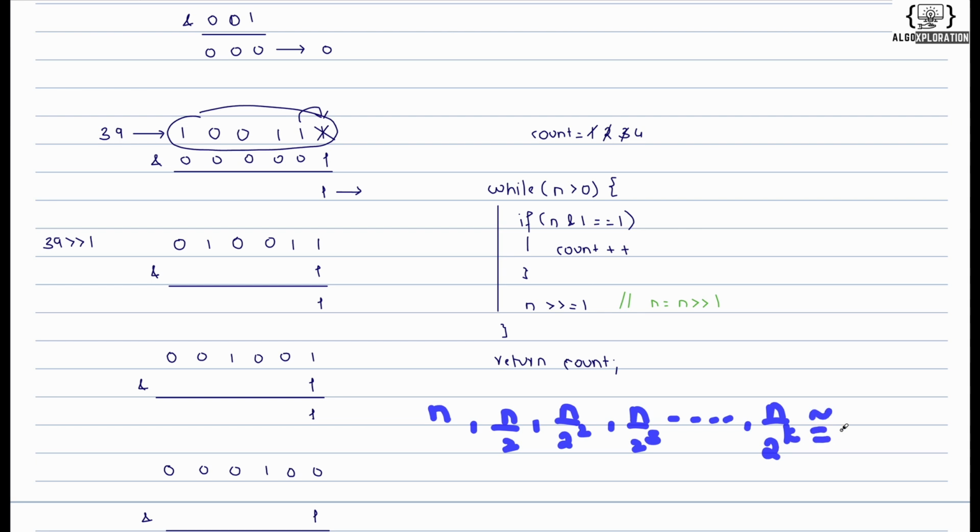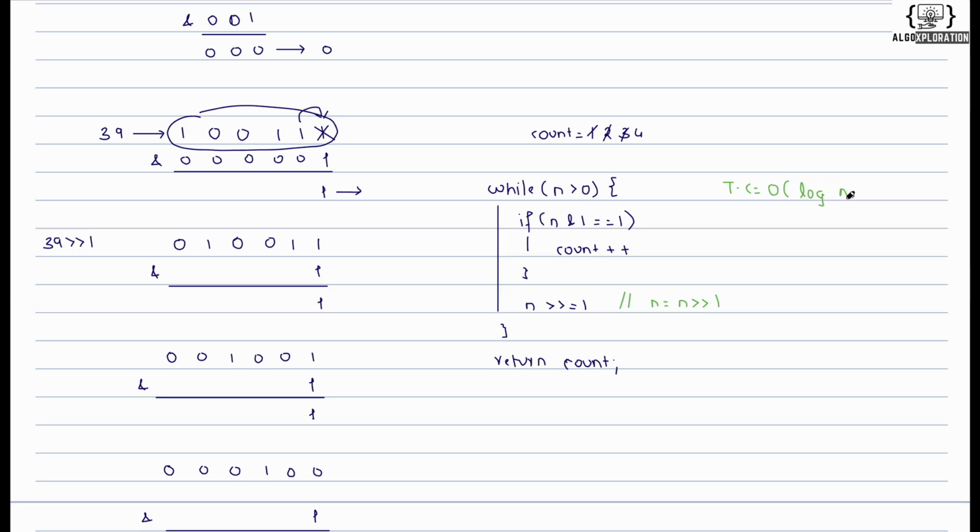This value is equivalent to 1. If you solve this, the value of k is nothing but log n base 2. So the time complexity is order of log n base 2. And if we talk about the space complexity, we didn't take any extra space, so it will be order of 1, that is constant.